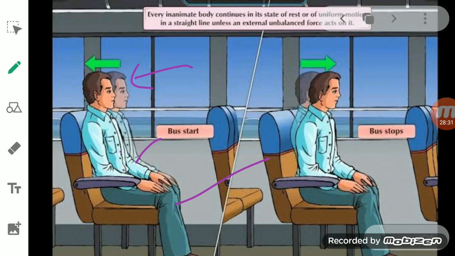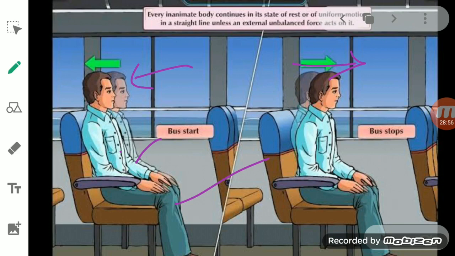Now the same thing happens when a running car or a moving bus stops suddenly. Then what happens? The passengers jerk forward. And why is it so? It is also because of inertia. Now the passenger and the bus are both in a state of motion, because we are talking about the moving bus.